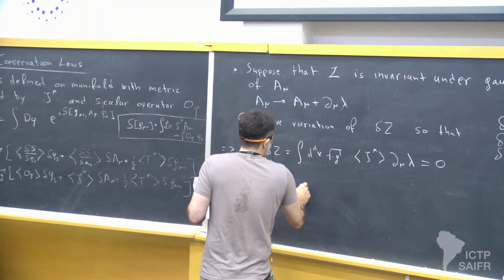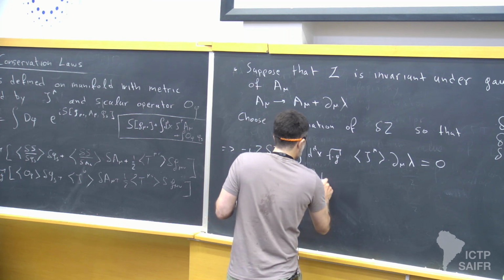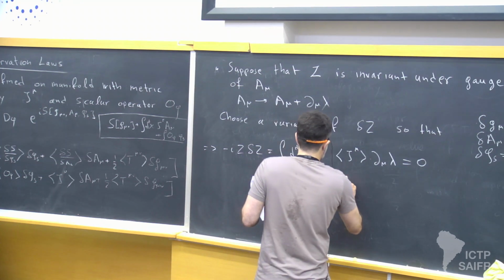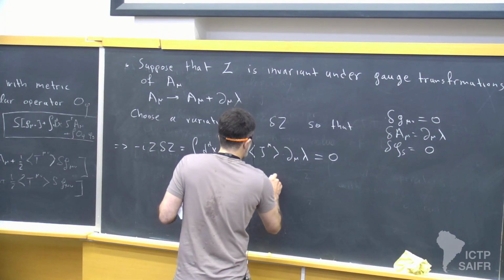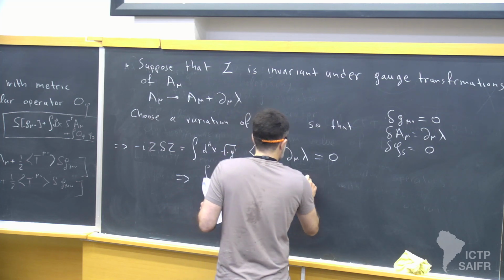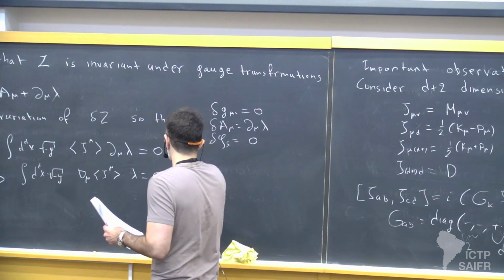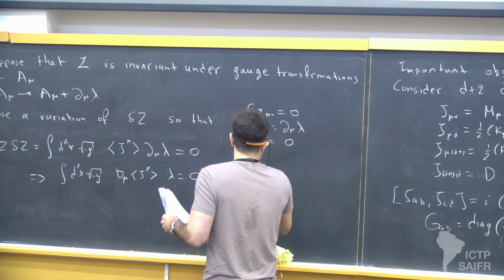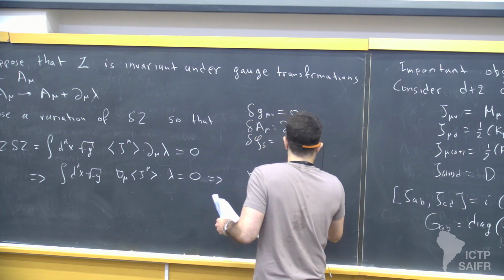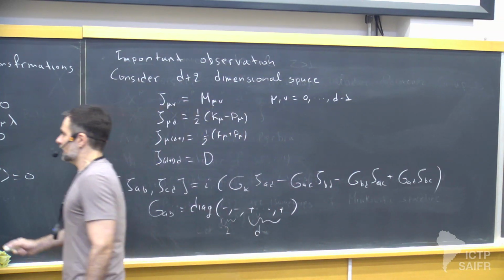However, if I do an integration by parts and nothing goes wrong, I get the divergence of the expectation value of j mu times lambda, and this is equal to 0. And since this is happening for any lambda, this is giving me a conservation law for this operator J mu.